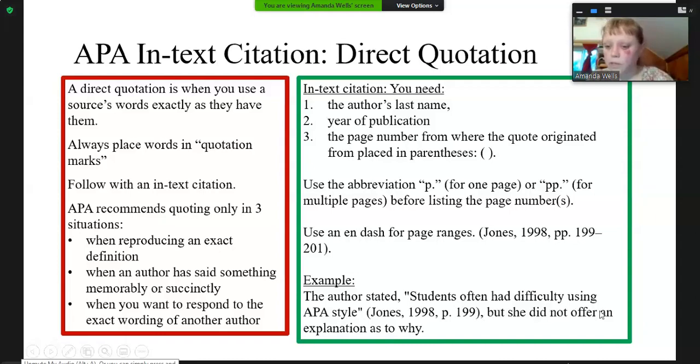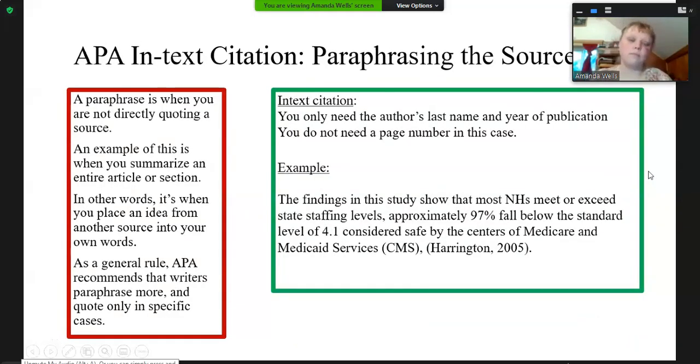This part here is not part of the actual quote because that's her own thinking, or his own, whoever's writing this. Anyway, they don't have to cite their own work, just somebody else's work. So that's why this citation here is placed after the quotation mark, but before all of this.